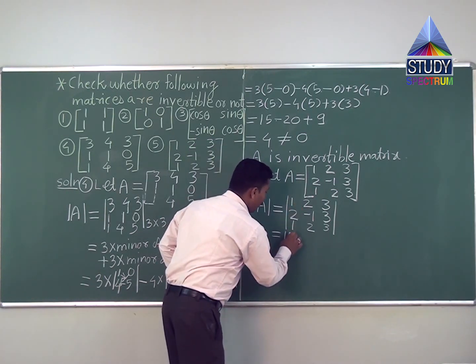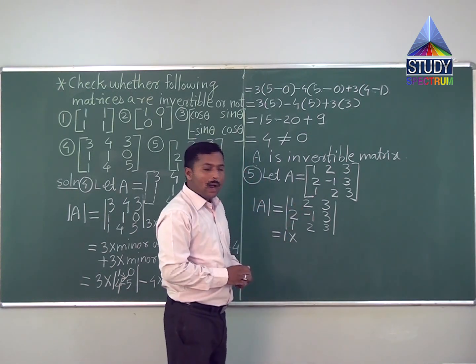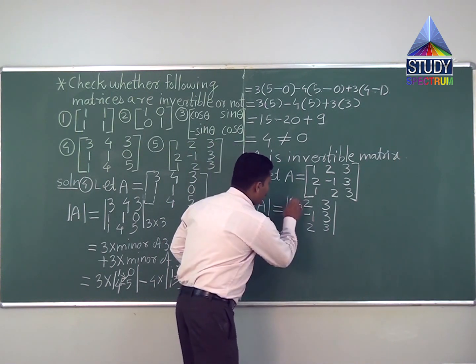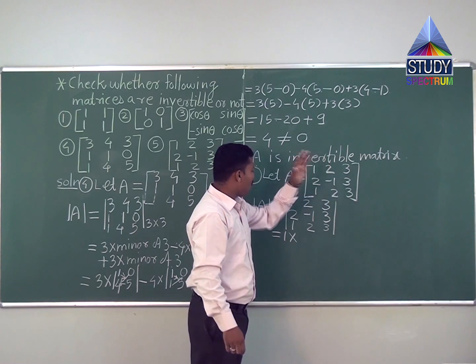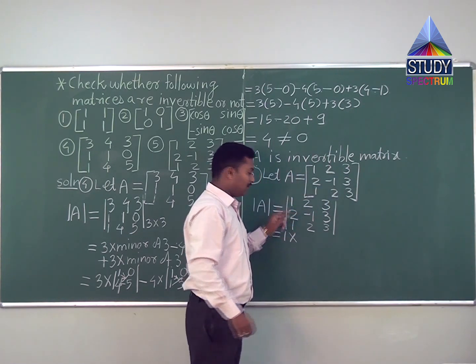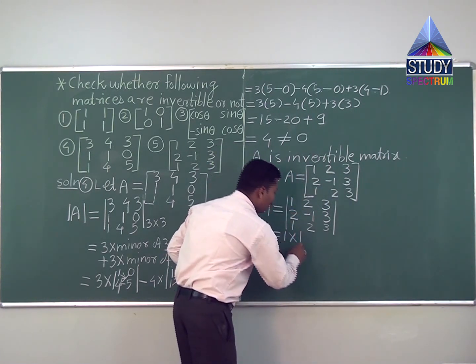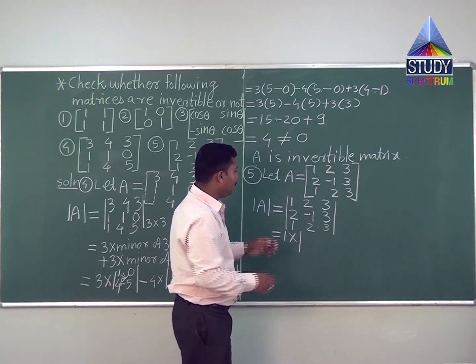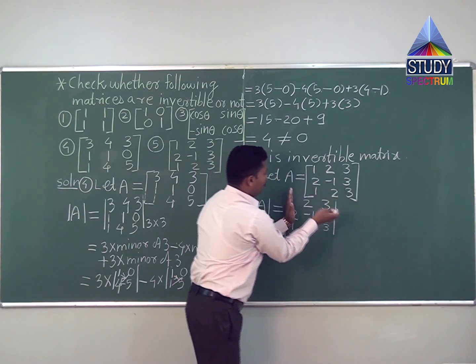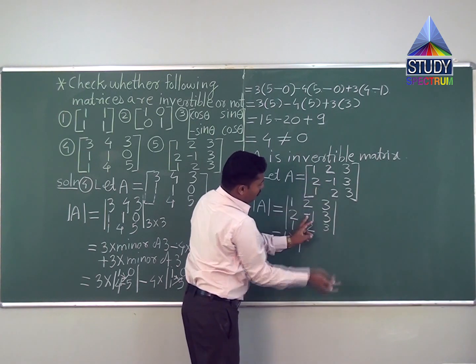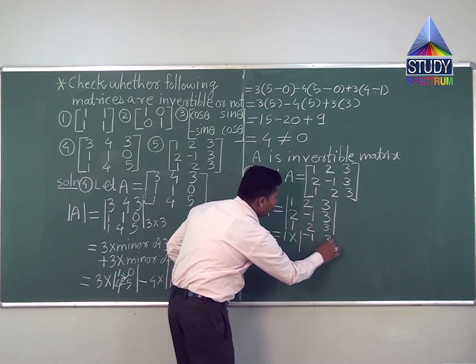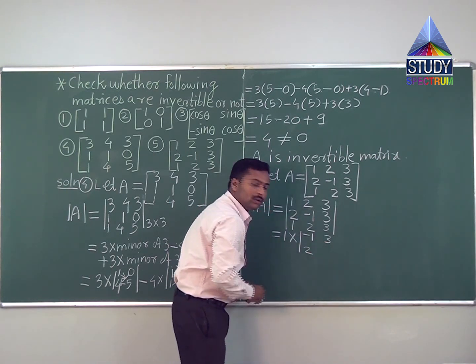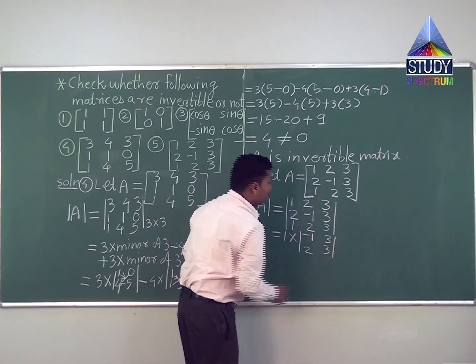So this is 1 into the minor of this 1, which means delete the row and column passing through this number. So 1 into what remains in the determinant: minus 1 3, 2 3.